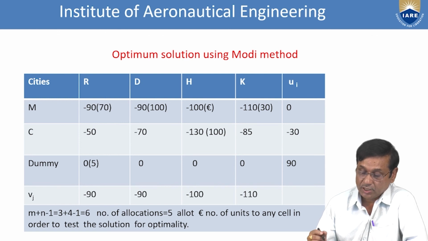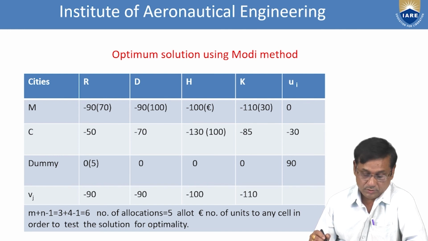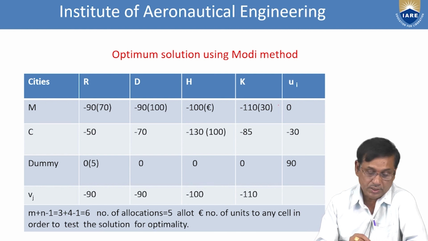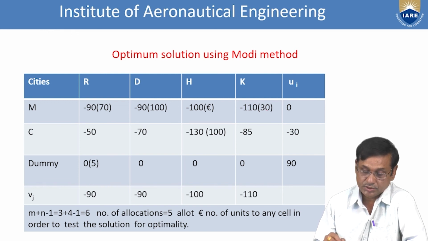For that you have to calculate ui and vj values. ui is equal to 0 corresponding to the first row, and we can find out the remaining values by using that 0 value. So ui value is 0, cij is minus 90, so vj is minus 90. So 0 minus 90 and again it is minus 90, 0 minus 100 is minus 100.